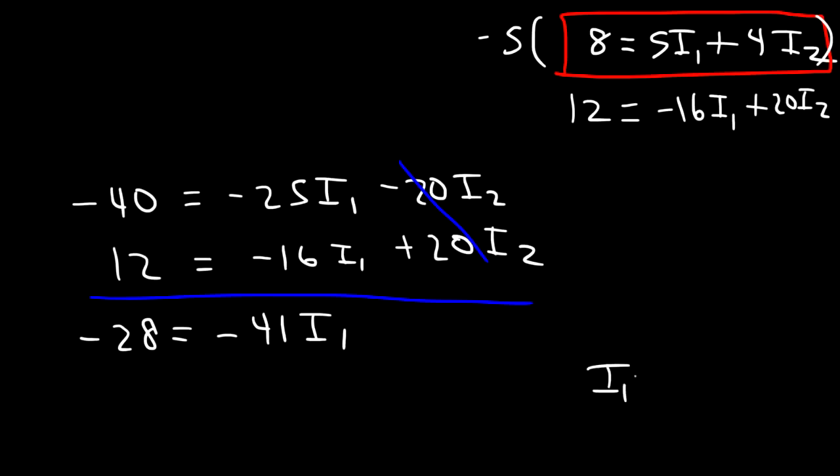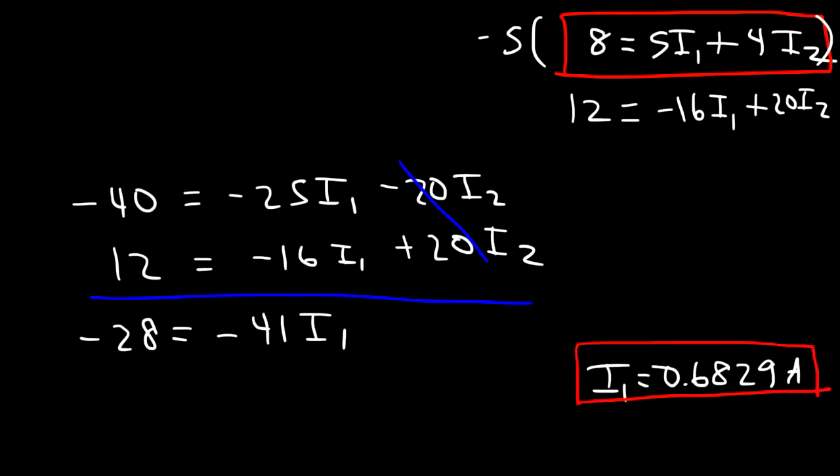So I1 is equal to 0.6829 amps. Now let's calculate I2. So I'm going to use this formula before I multiply it by negative 5.